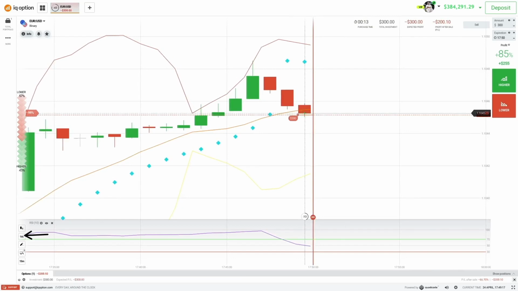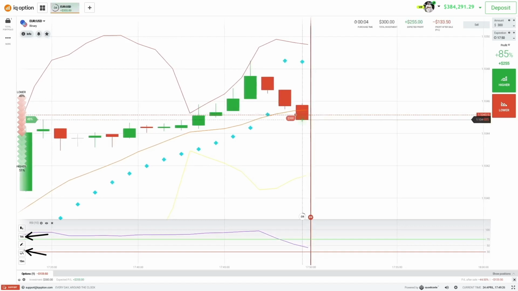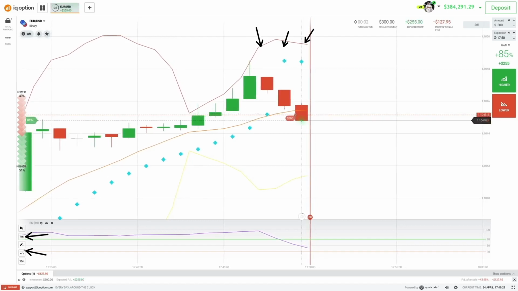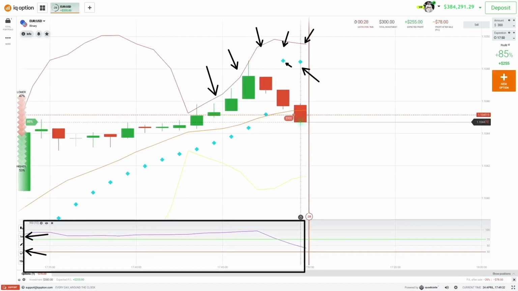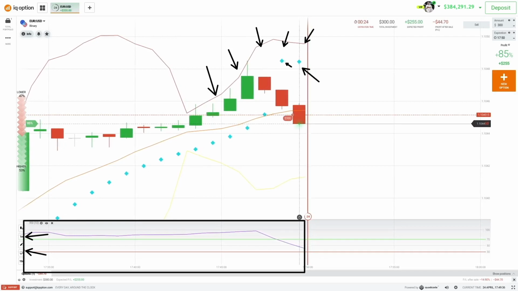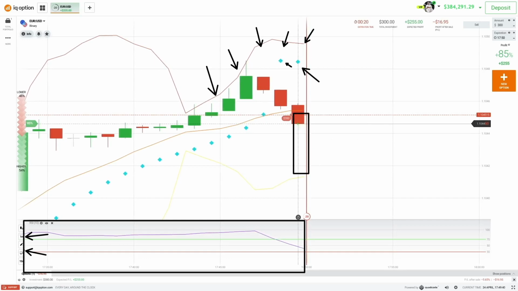Also here I'm using the 1 minute candlestick chart. I'm using 3 indicators, as you can see by this small tree: the Bollinger Bands, the parabolic SAR, and the RSI. All those indicators are telling me that I'm expecting a red candle.